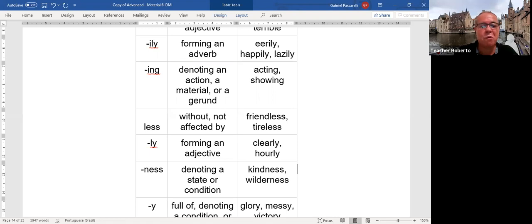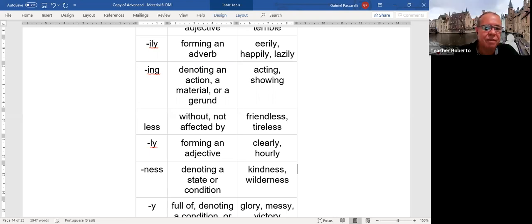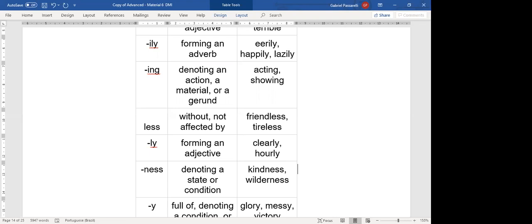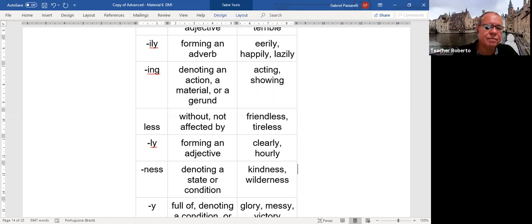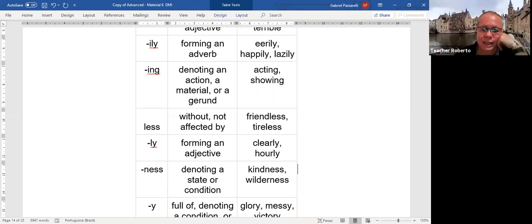A piece of wasteland, okay? That means a piece of land in the wilderness. Wilderness. So that's the idea.